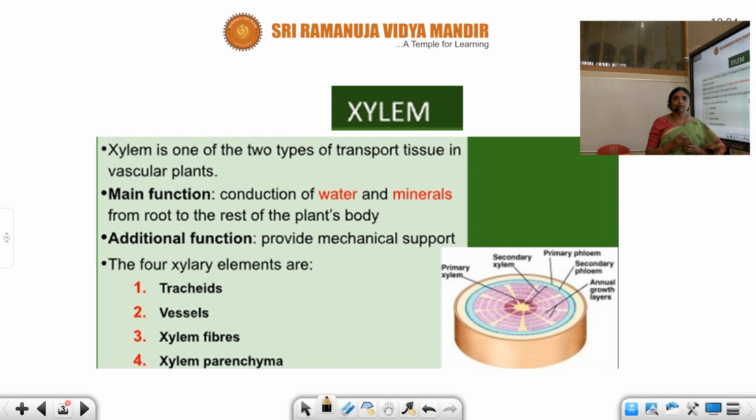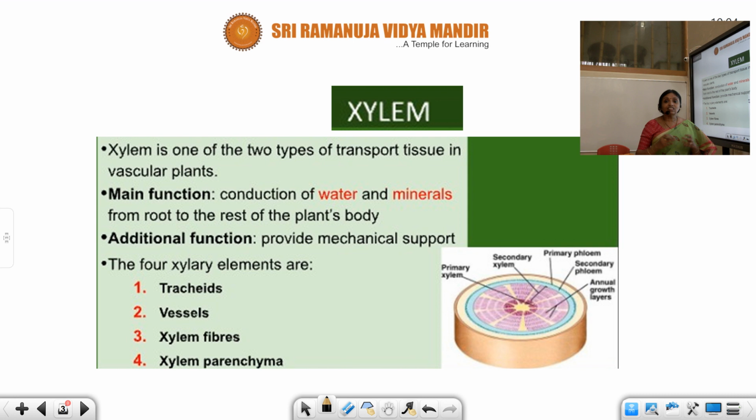And the second one is phloem. It is also a complex permanent tissue and a conducting tissue. The function of phloem is conduction of food material, the glucose or other metabolic substances which are synthesized. Photosynthesis occurs in which part of the plant body?